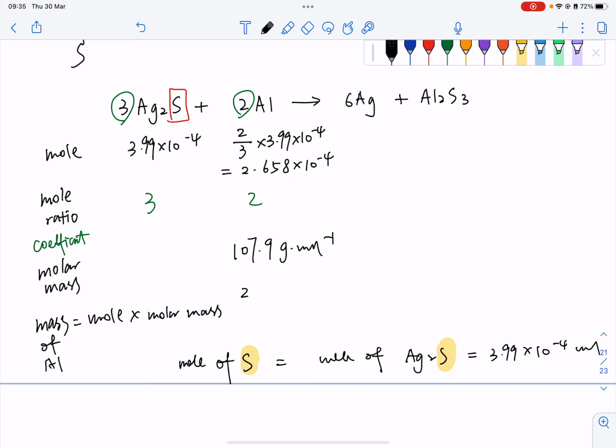Then we'll use 2.658 times 10 to the power negative 4 times 107.9. The answer should be 0.0287 grams, right? If we take 3 significant figures. So this should be our final answer for part B.